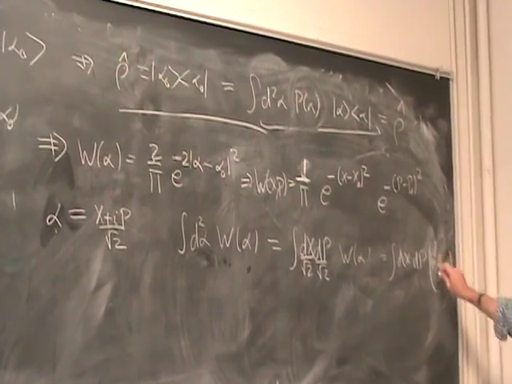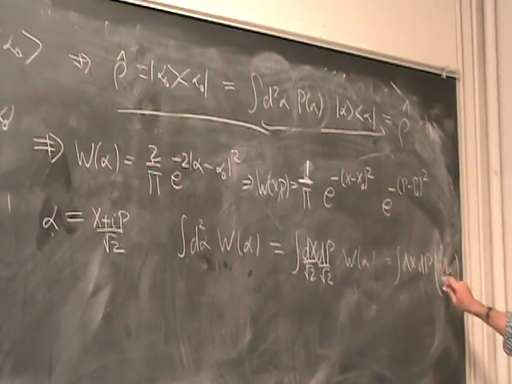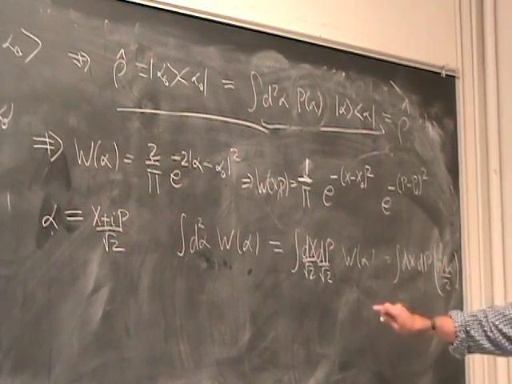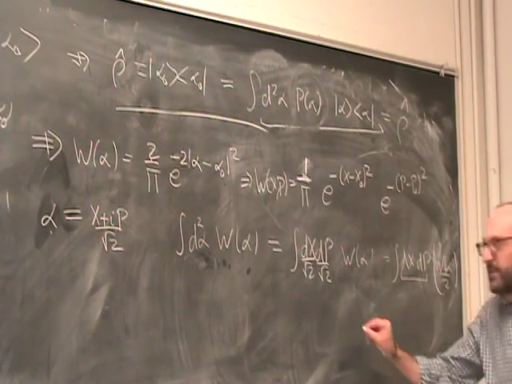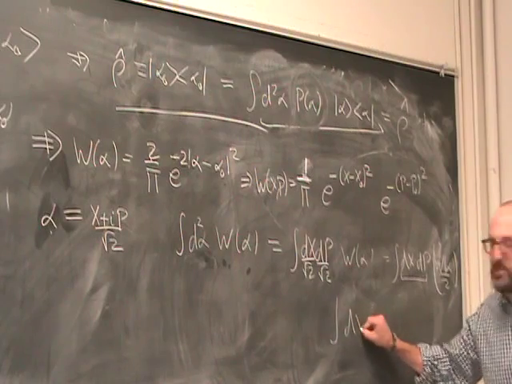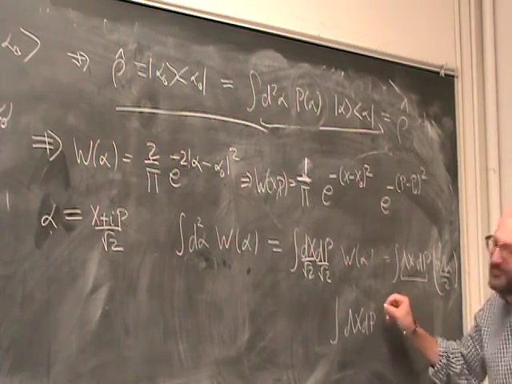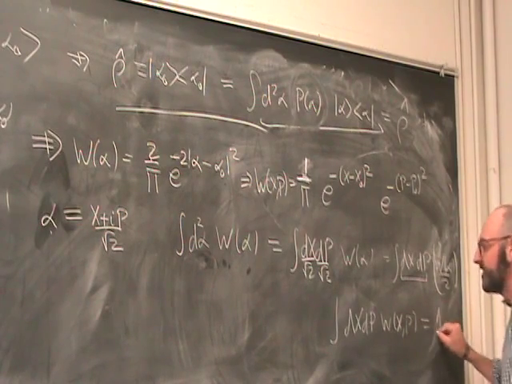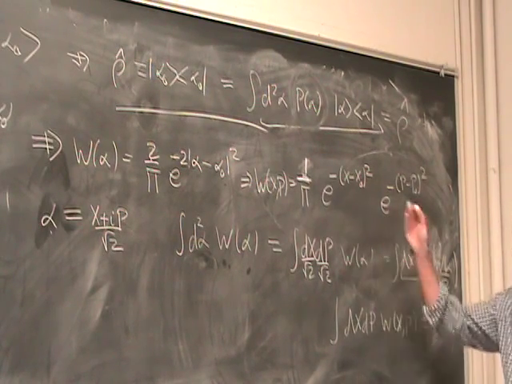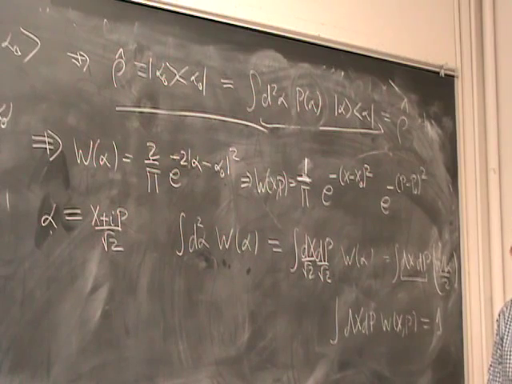We absorb that half into the W so that when integrated over x and p, this is normalized. So it's just a Jacobian. That's just the way we want this to be normalized. So we absorb the half into that. Okay? Good.